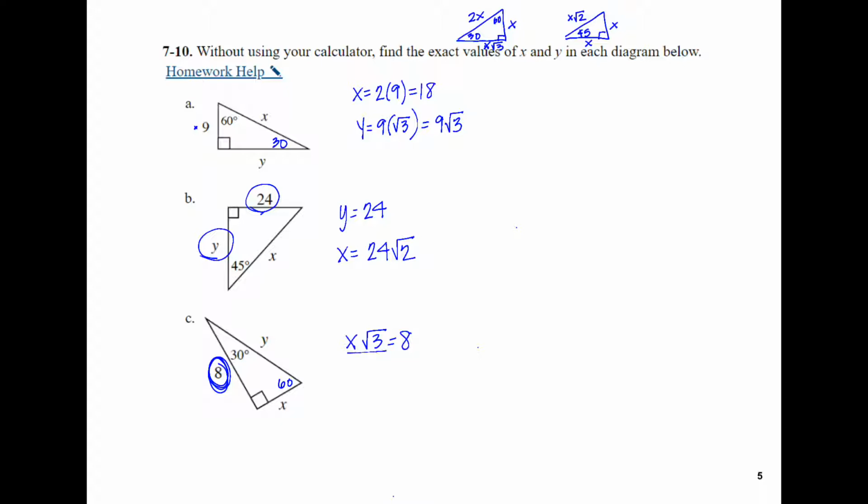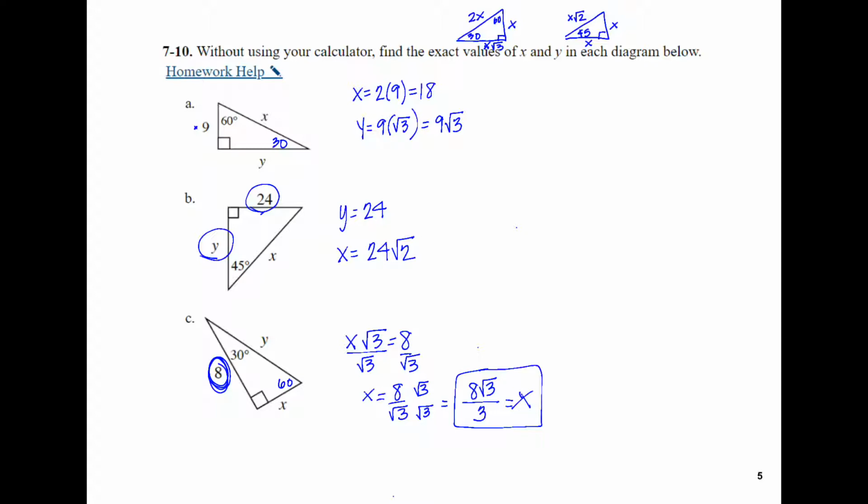So to get x by itself, we're going to divide by the square root of 3. And now we have a radical in our denominator, which is not simplified. So we rationalize that by multiplying both the numerator and the denominator by the square root of 3. And we get 8 root 3 over 3. And we just solved for x.